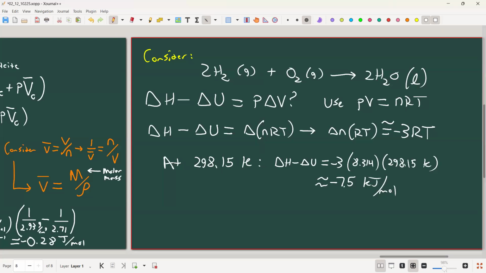It takes 7.5 kilojoules per mole to adjust for the fact that you're going from a gas to a liquid, right? So the PV is changing a lot, and it's a large fraction of the total enthalpy. We can calculate the enthalpy. We'll look at this more clearly next lecture on Tuesday. We'll look at how we calculate enthalpies precisely.